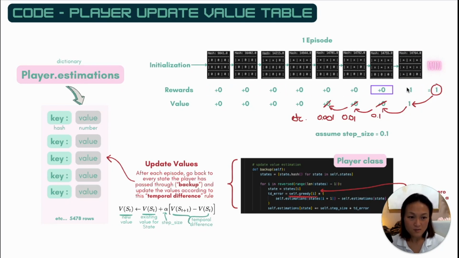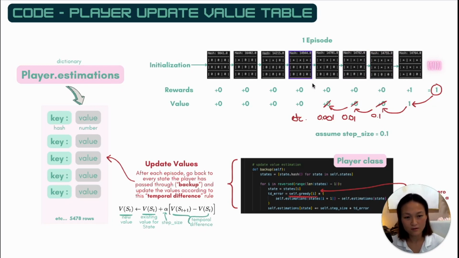And so you sum up all the rewards that you've received along this path and then give this state a value corresponding to that sum. And then you backtrack along all of the states you saw in the game and calculate what's called a temporal difference and discount it by the step size to calculate the updated value for this state.